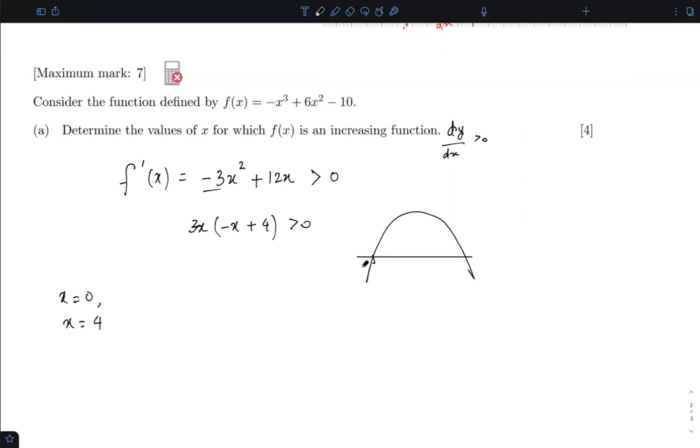So here we have x = 0. Here is x = 4. Where is this function greater than 0? It's greater than 0 when x is between 0 and 4. So the values of x for which f(x) is an increasing function is when x is greater than 0 but less than 4.